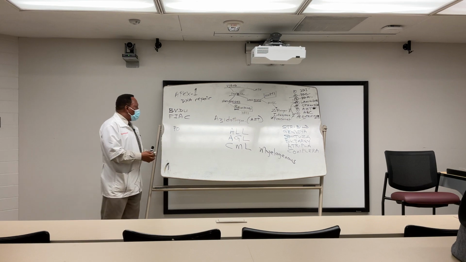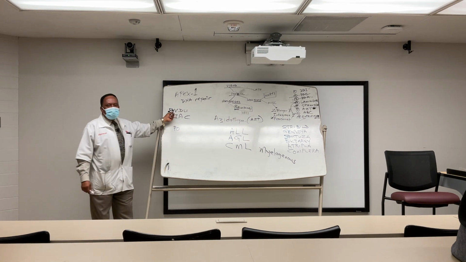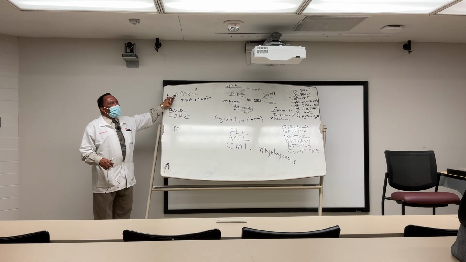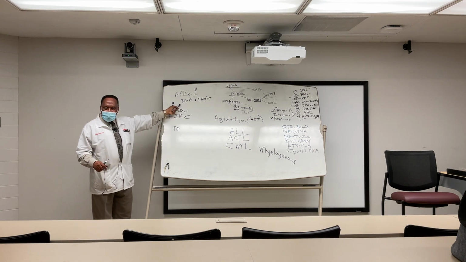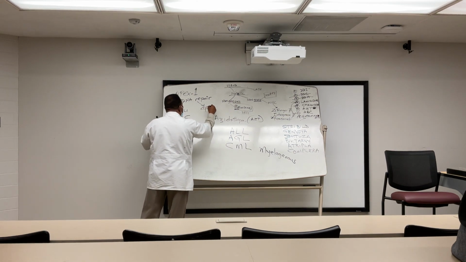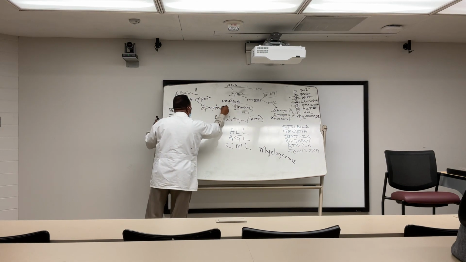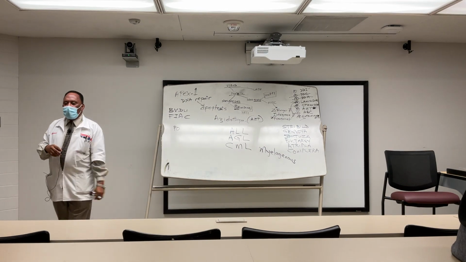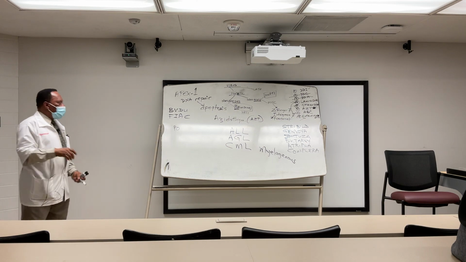So if you gave bromovinyl deoxyuridine, it can inhibit that FX1, so you don't get DNA repair. And if you don't get DNA repair, you get apoptosis. So you get programmed cell death in that virus.